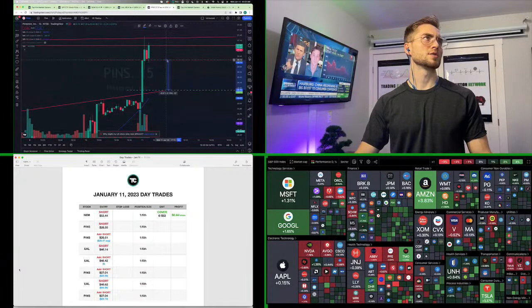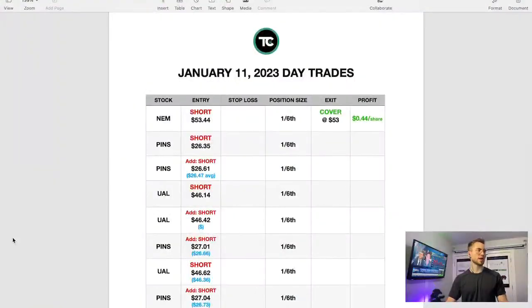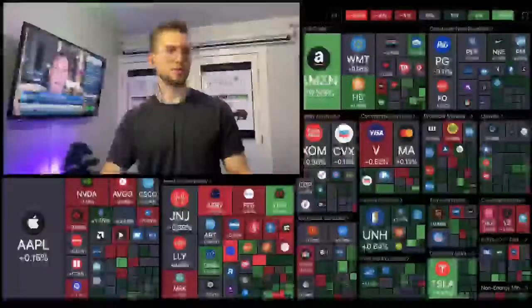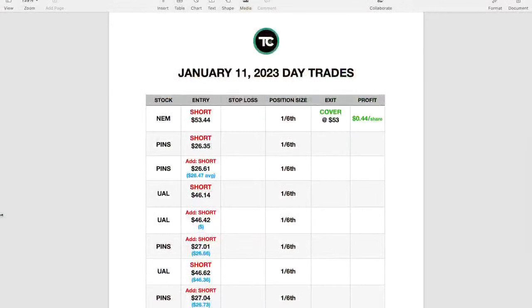Markets are catching a nice move. Healthcare still remains weak. Apple's pushing to new highs of day. The meme stocks are pulling back slightly. Energy stocks have come in a little bit.